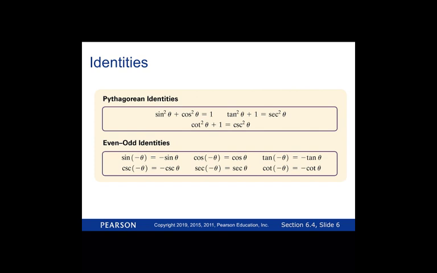So even and odd identities: the simplest way to remember this is that all the functions are odd except cosine and its reciprocal. By odd, we mean if we do f of negative x, it's the same as negative f of x. We can essentially factor out the negative.